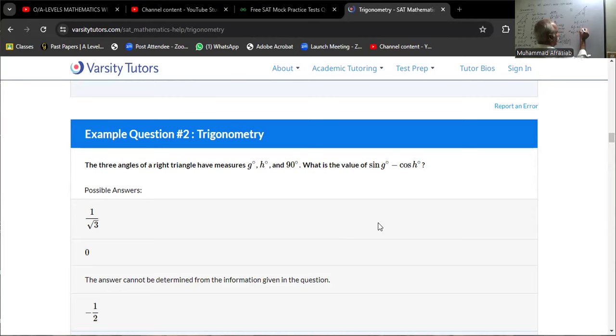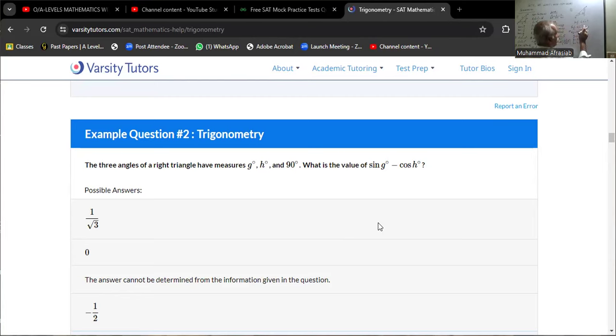We can have this property from the fundamental properties, as G plus H is equal to 90, or G is equal to 90 minus H, or H is equal to 90 minus G.